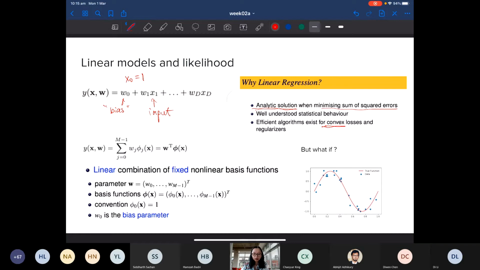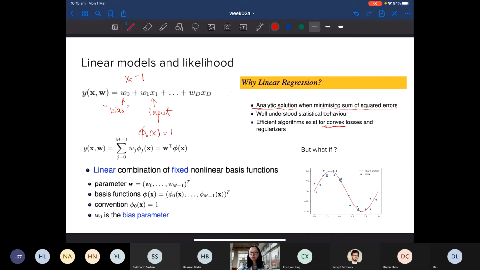One reason for that is that we can write the whole expression now, if we pad the input with a constant of 1, as essentially an inner product between the weight vector and the input vector. It's conventional to write features as phi's, and then phi0 of x is a constant of 1.